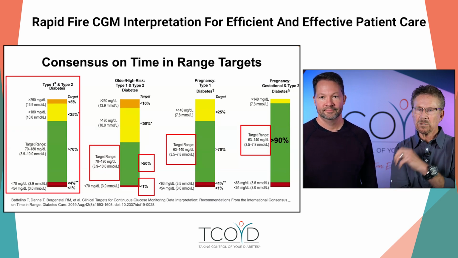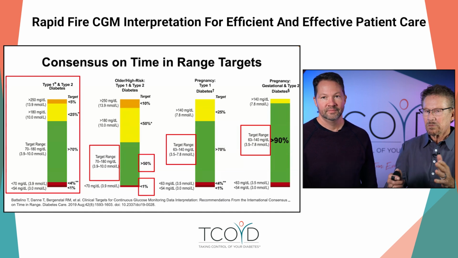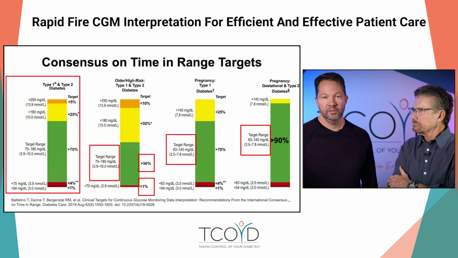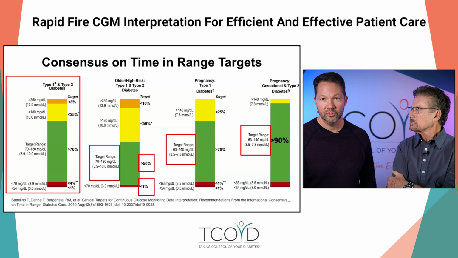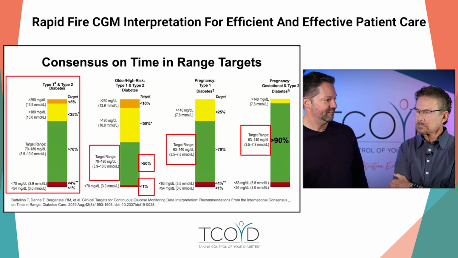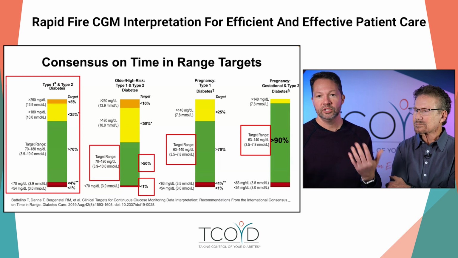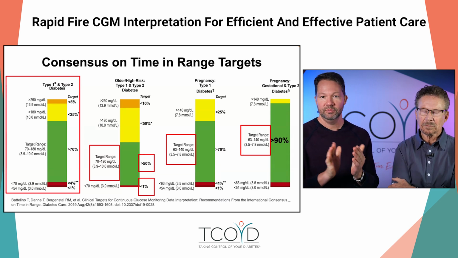Now, do you want to give just a quick word on time in tight range? That's kind of a new thing that's coming up in 2024. Again, our goals are time in range, 70 to 180. There's a lot of literature now coming out. Should we tighten that to time in tight range, which is between 70 and 140? We're getting some data on what these new systems can do, but it's too early to make this recommendation that it should be our target.